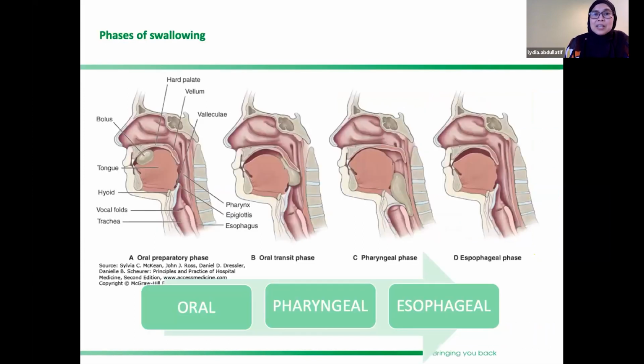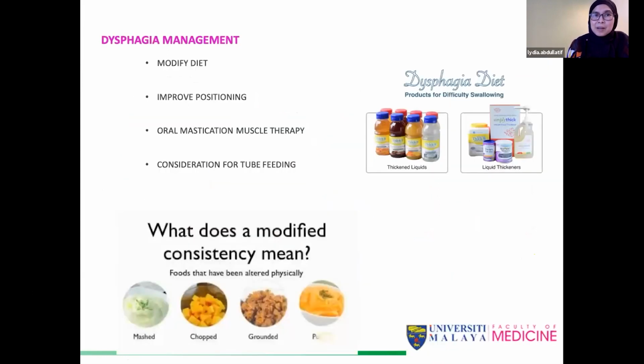Okay. So there are three phases of swallowing. All right. You have got the oral phase, you have got the pharyngeal phase, you have got the esophageal phase. So we need to assess which phase they would be having, all right, when we assess the patient. And these are some of the dysphagia management.